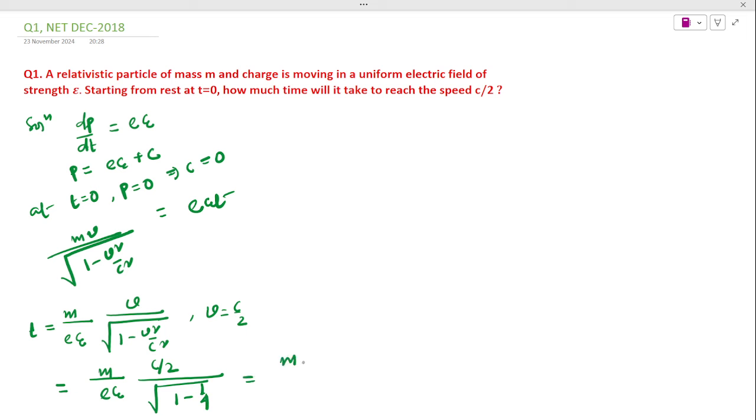This would become m c by root 3 E epsilon. So our answer is t equal to m c by root 3 E epsilon. This is the answer.